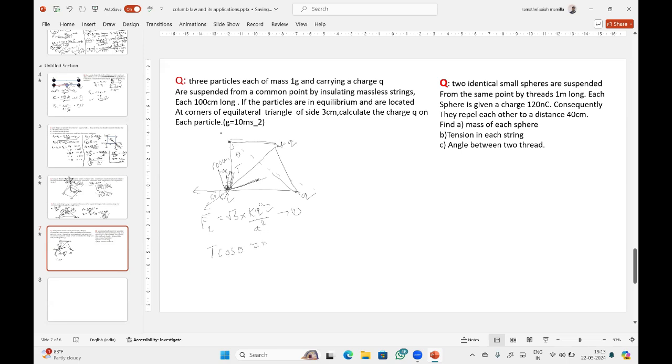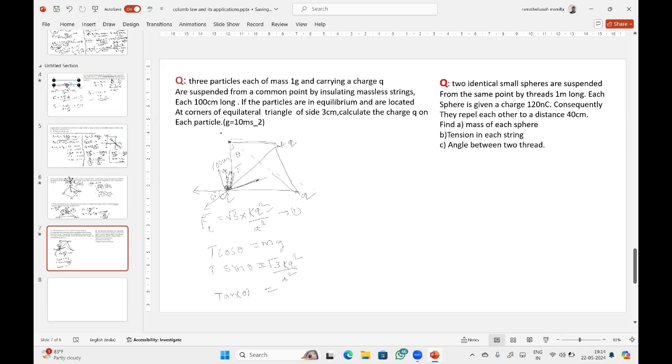T cos theta is equal to mg, and T sin theta is equal to the resultant of this force, that is √3 F. So T sin theta equals √3 F, which is equal to KQ squared by A squared. Now tan theta: divide these two equations.